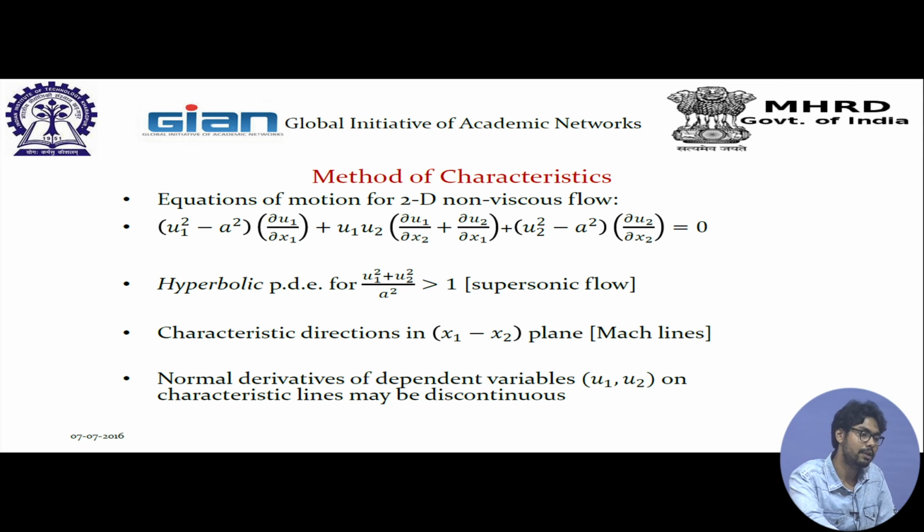Now, as we see, this is a partial differential equation, and if we go by the method of finding the characteristics, it will become a hyperbolic partial differential equation for the condition that (u1 square plus u2 square) divided by a square, where a is the speed of sound, is greater than 1. That means this is the condition of supersonic flow.